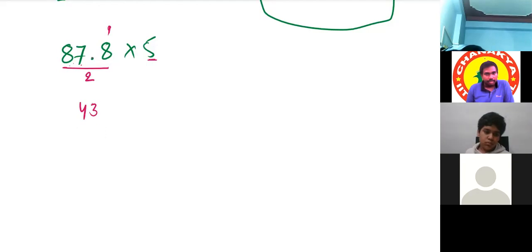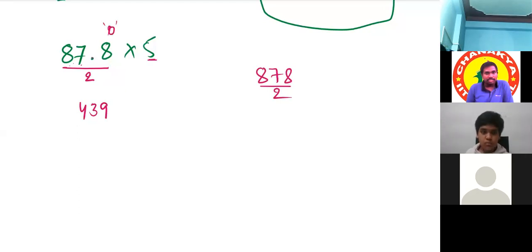Okay. I'm treating this number as 878. I'm doing divided by 2. Then 18 means 2 9s are 18. Is there any remainder? No remainder means 0 is the remainder.